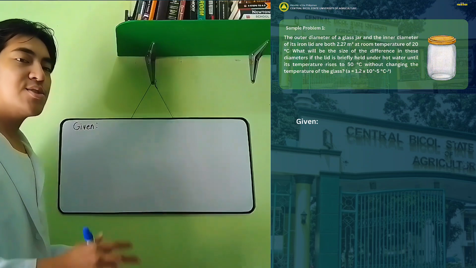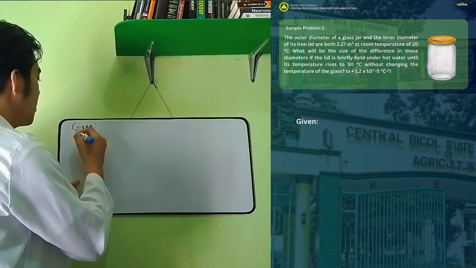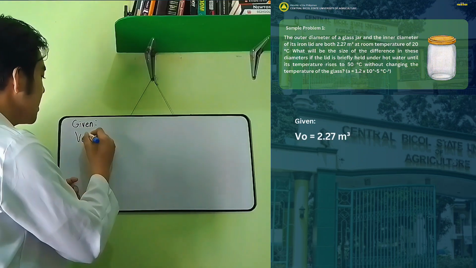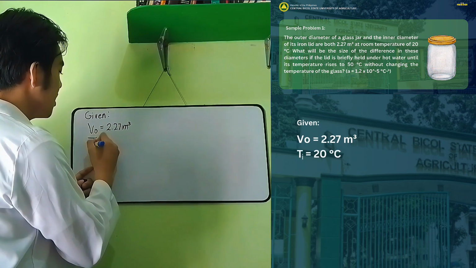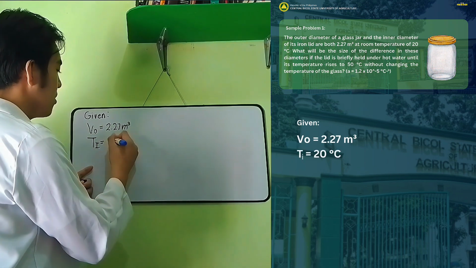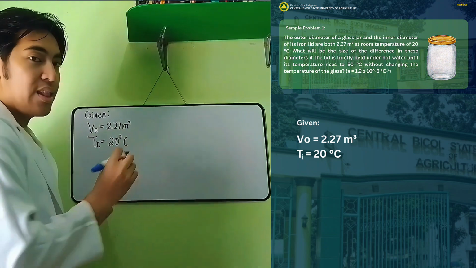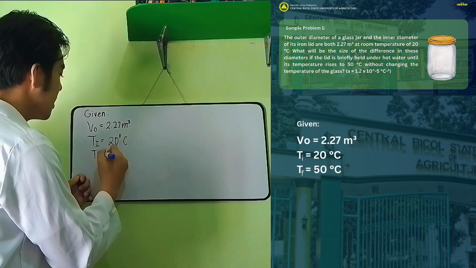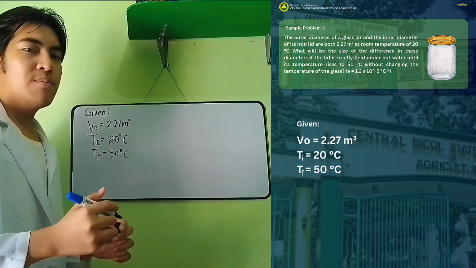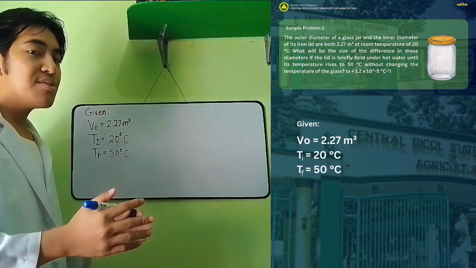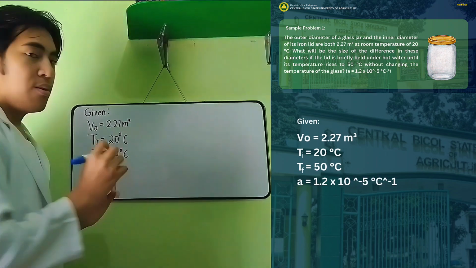So what we do first is to write all the givens in the problem. The original volume is equal to 2.27 cubic meters. The initial temperature is equal to 20 degrees Celsius, and the final temperature is equal to 50 degrees Celsius. In the problem, the alpha coefficient is given to us instead of the beta coefficient.